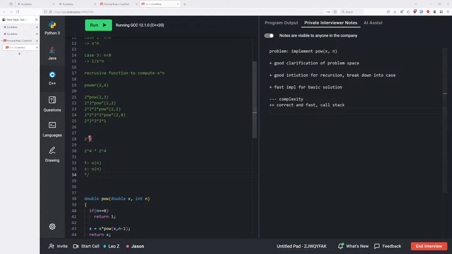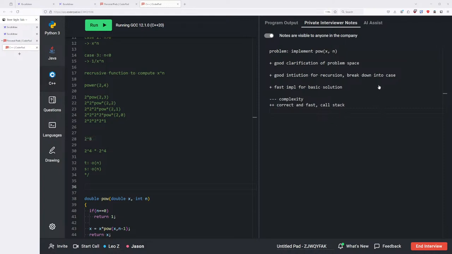So we actually cut down our exponent by half, right? That just means we're multiplying these two together.